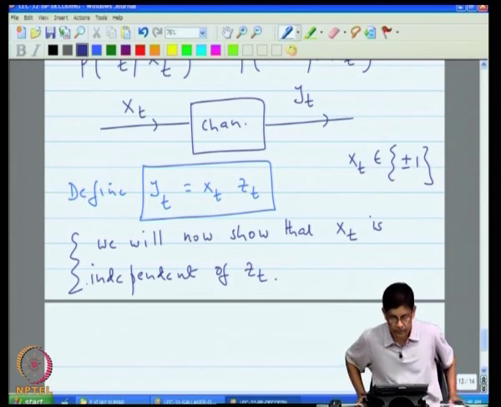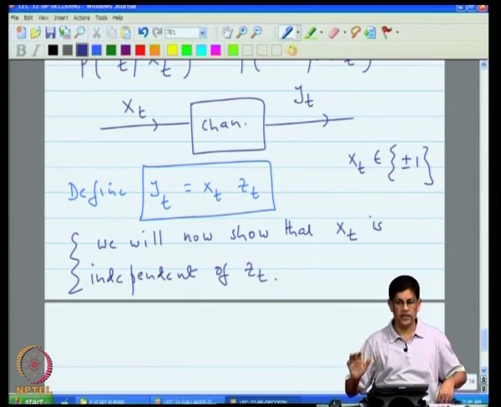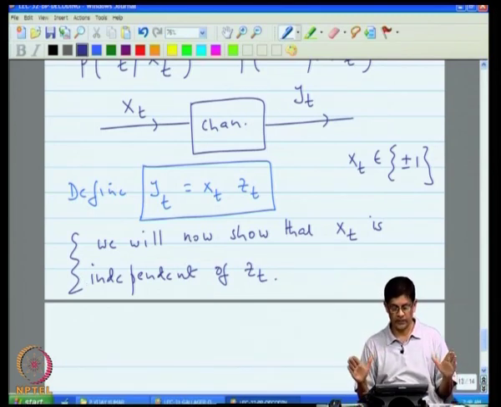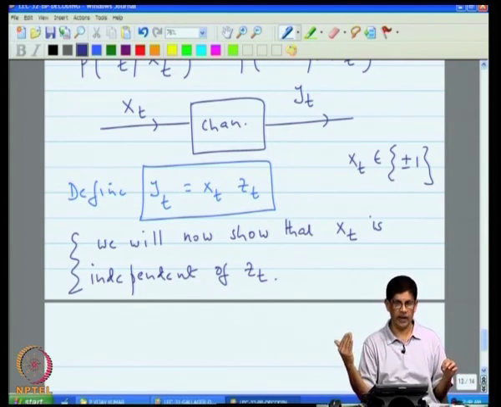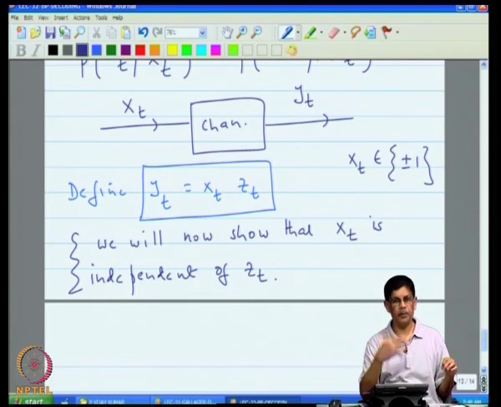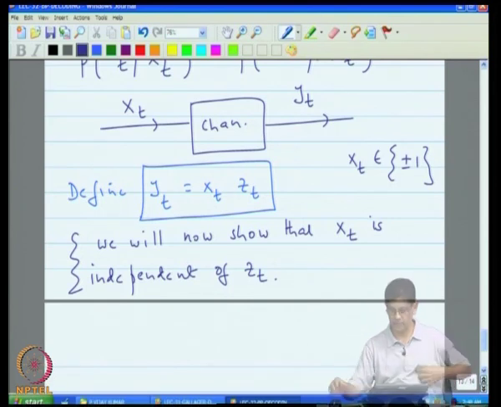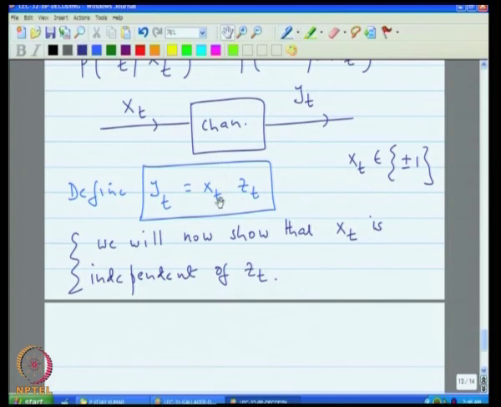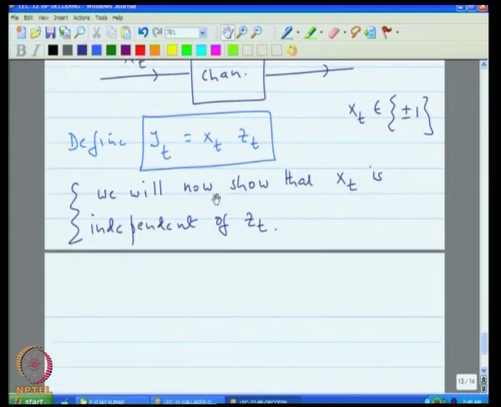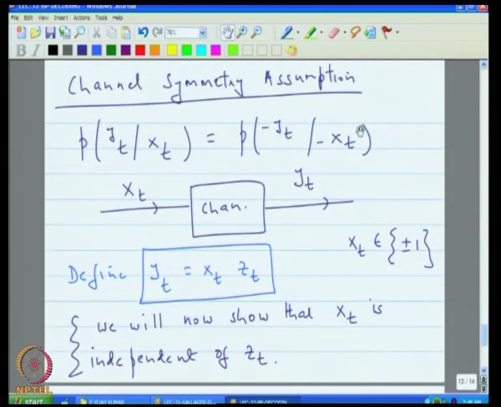What does that mean? It means that you can view the output of the channel as taking something that purely comes out of the channel and multiplying it by the input. So, it is nice and simple, because there is no coupling between these two, that is, zt is not dependent on xt. So, we are just going to make use of this particular equation. So, let me call that 4.